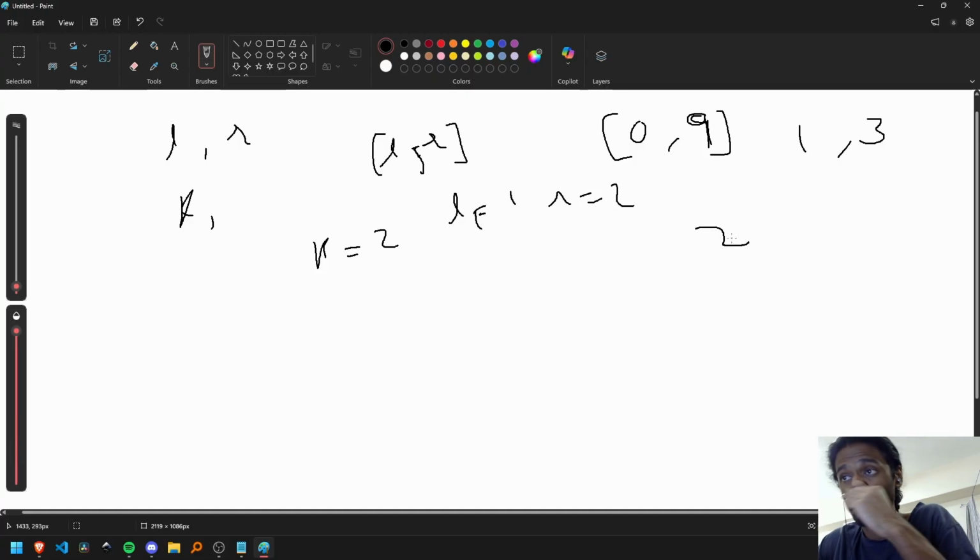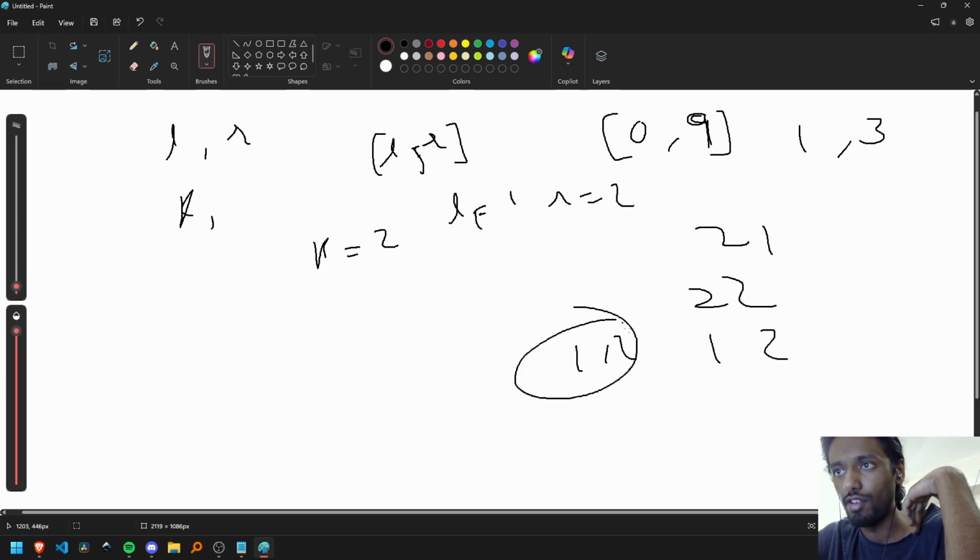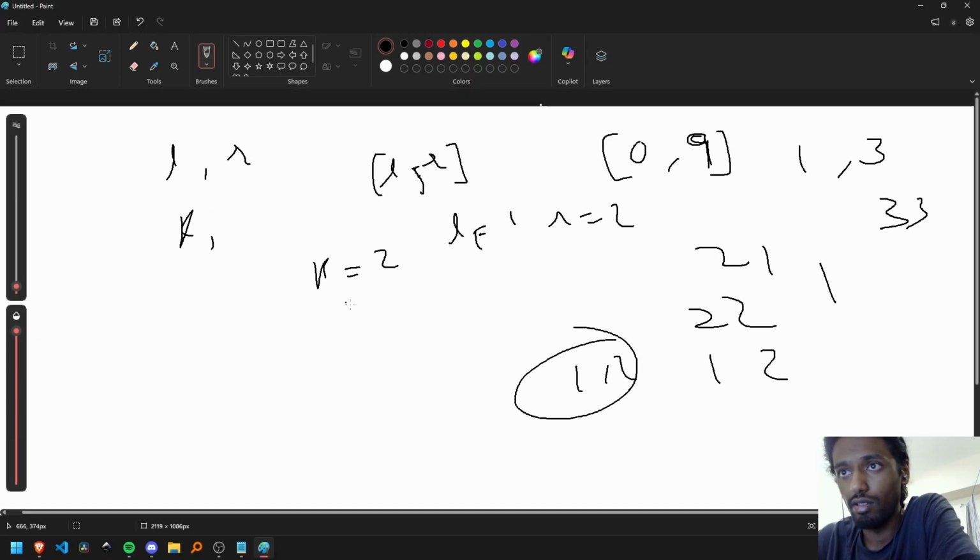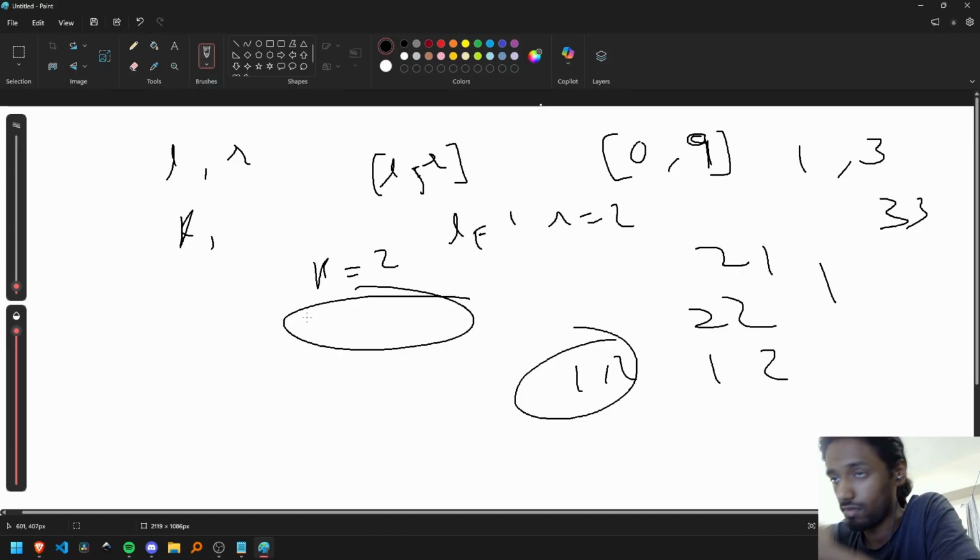So 11 is a valid number since it's 2-digit and the digits are in this range. 12 is valid, 21 is valid, but 2 is not valid because it has fewer digits. 111 is also not valid since it has more digits, and 33 is not valid because the digits are not in this range. So we have the set of numbers.